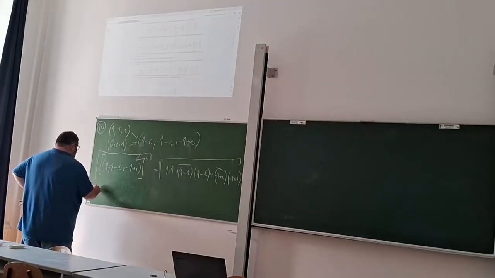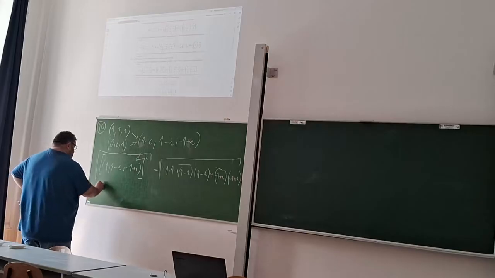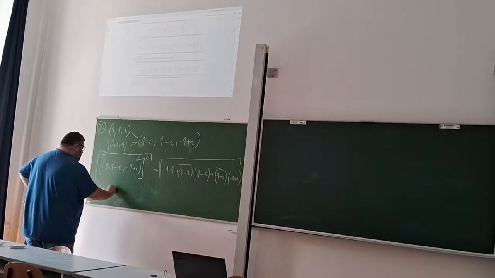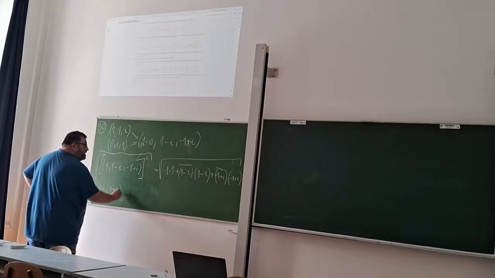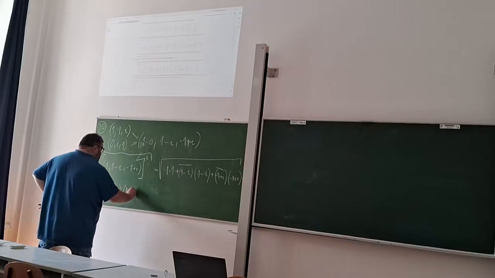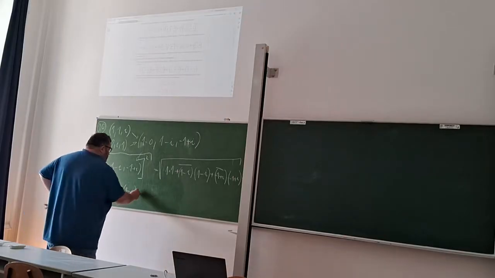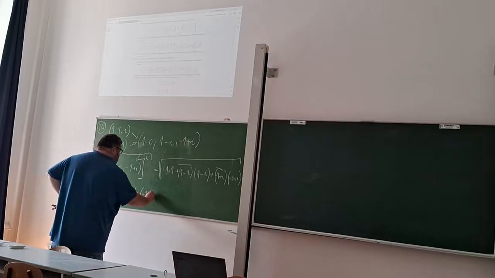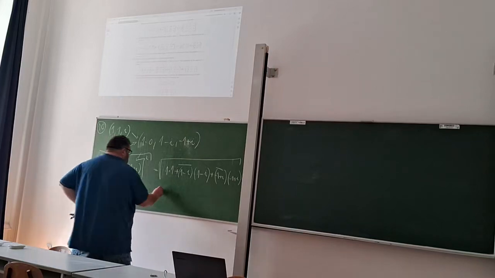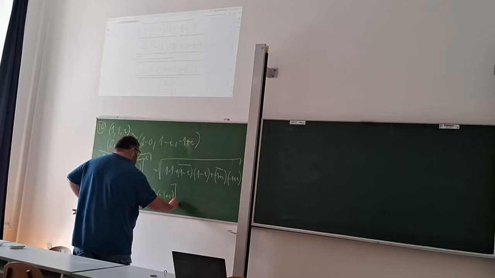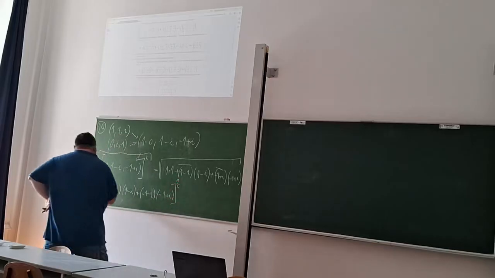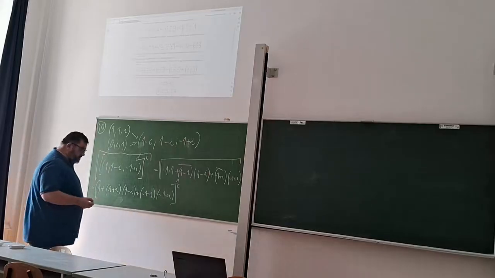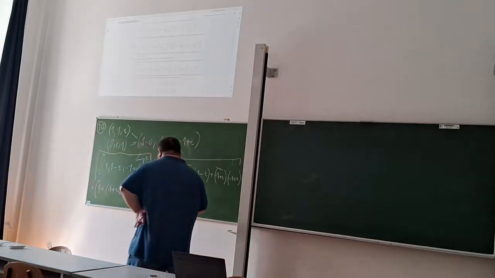So this is 1 plus 1 plus i, 1 minus i, plus that's minus 1 minus i, and then minus 1 plus i. What does it mean?